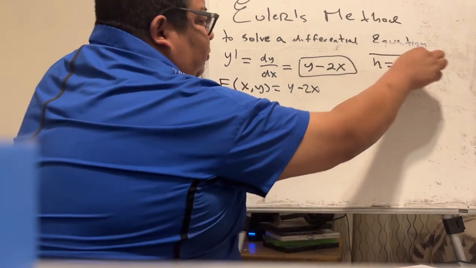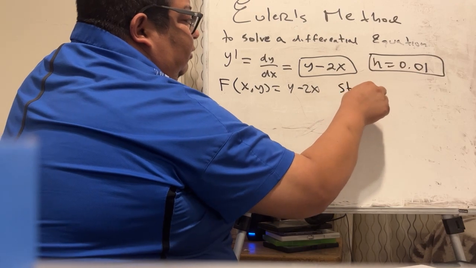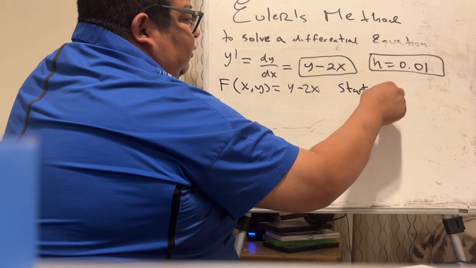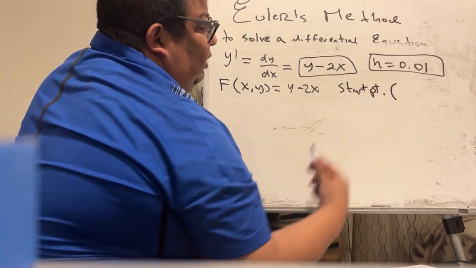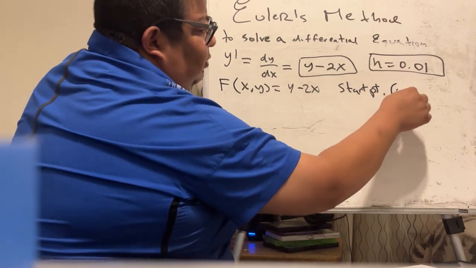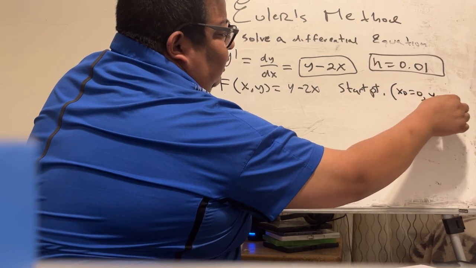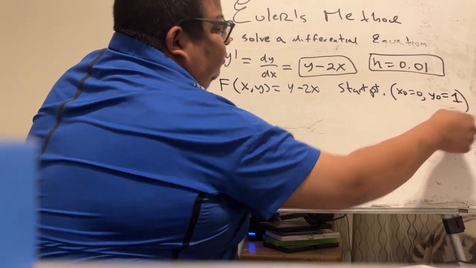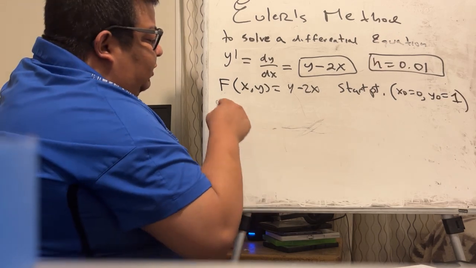So you're going to start with this. And then your start point is going to be x naught equal to 0, and y naught equal to 1. All right, so let's create sort of like a table.